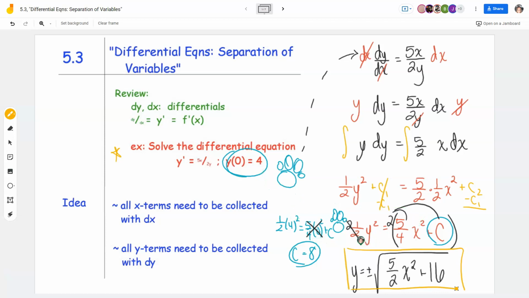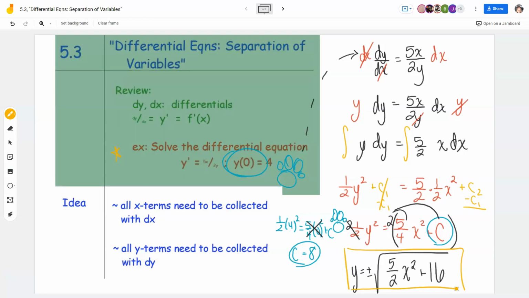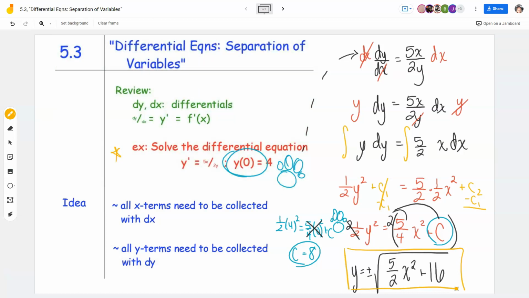So that might be a good thing for me to mark down, just basic algebra. Remember that y of 0 equals 4 is like f of 0 equals 4, which is like 0, comma 4.